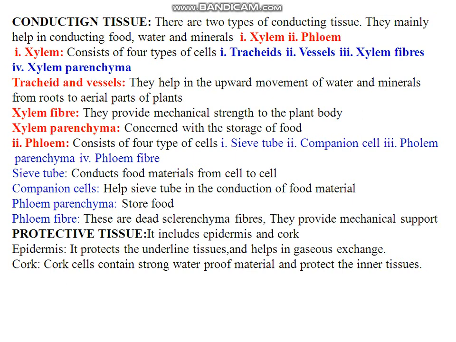At first, sieve tube. Sieve tubes are cylindrical cells arranged in vertical rows, joined end to end.